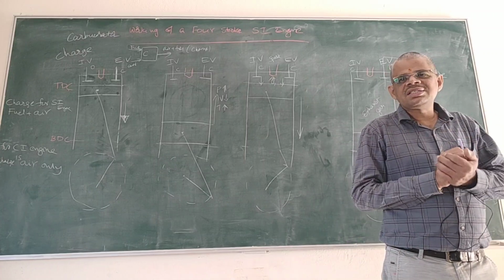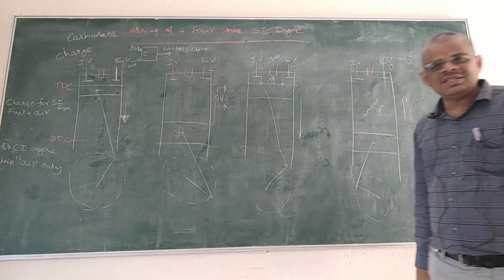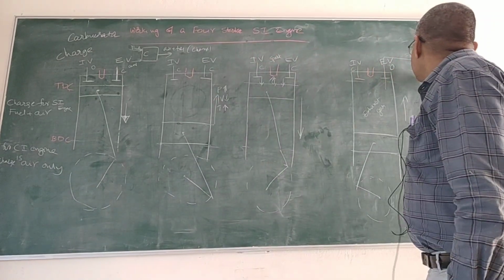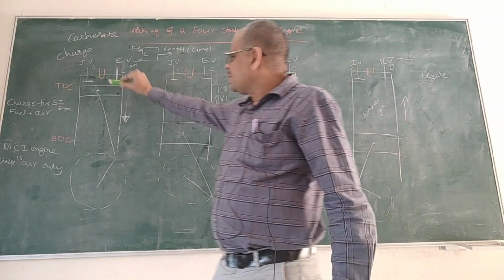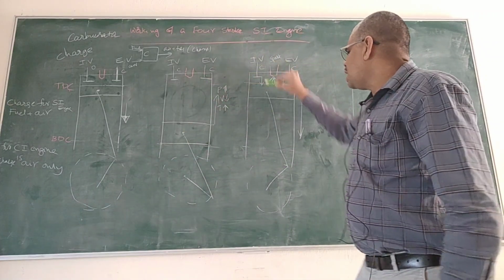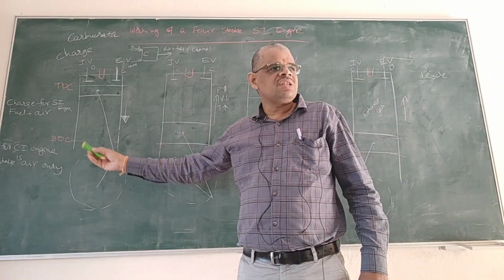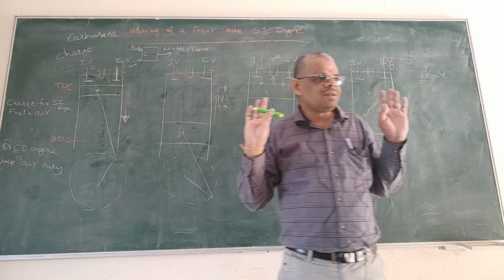So this is called a 4-stroke engine, because here one cycle is completed in 4 strokes of the piston and 2 revolutions of the crank. Is it right or not?